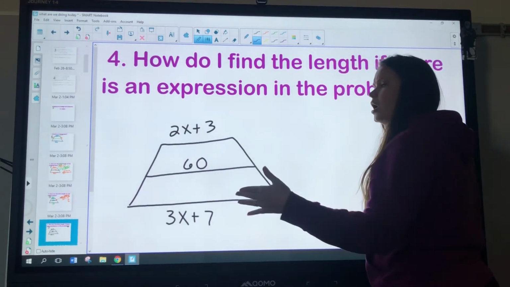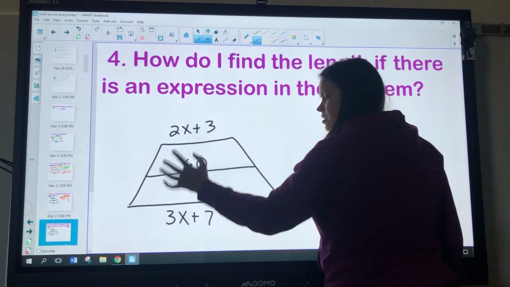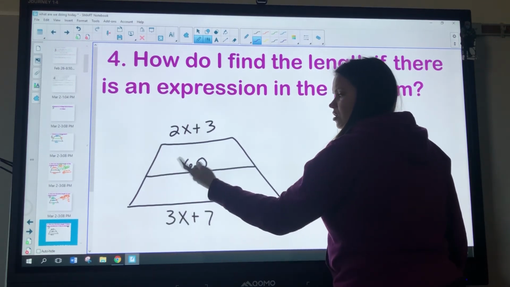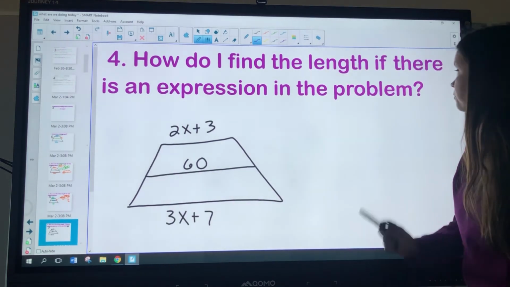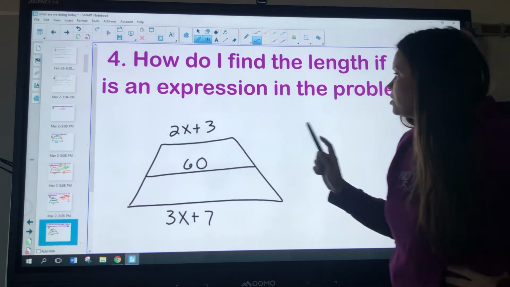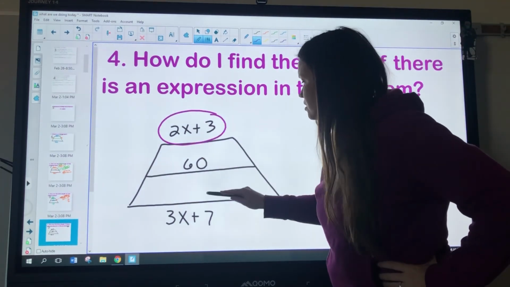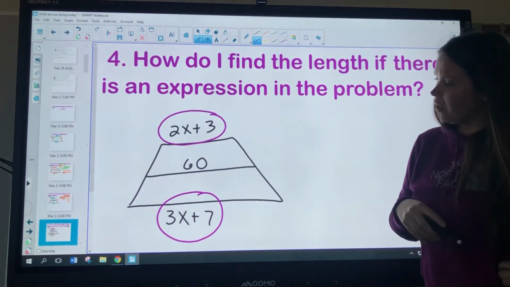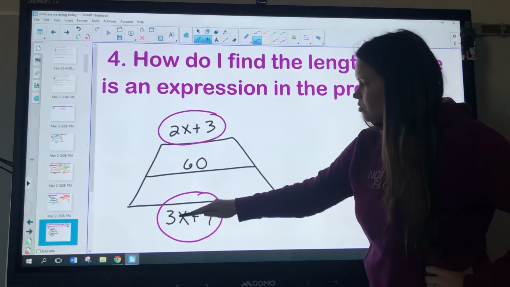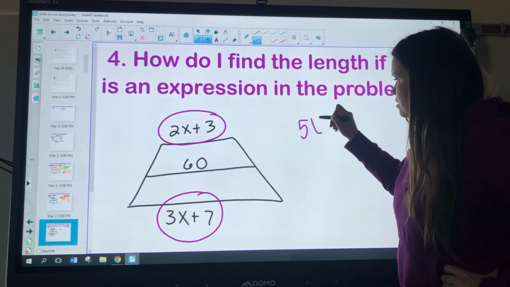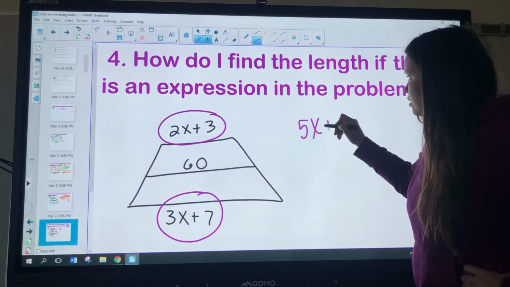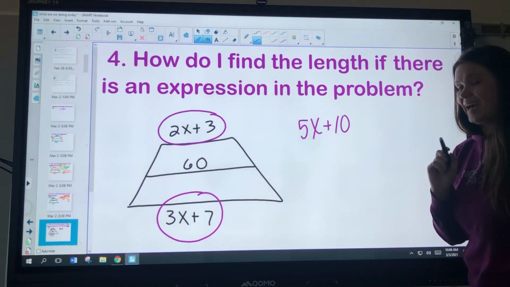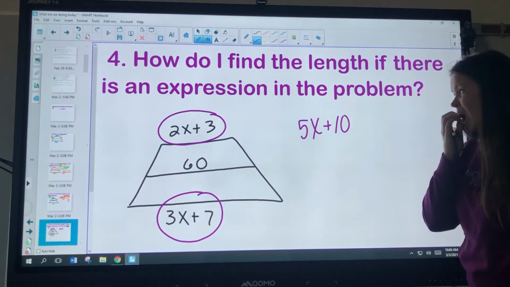That's too hard. You're still going to add these together, divide by 2, and it should equal 60. Like, you could still figure this out. Let's do that. If you add these together, that is 8th grade math. 2x plus 3x is 5x, and 3 plus 7 is 10. Adding expressions, 8th grade.